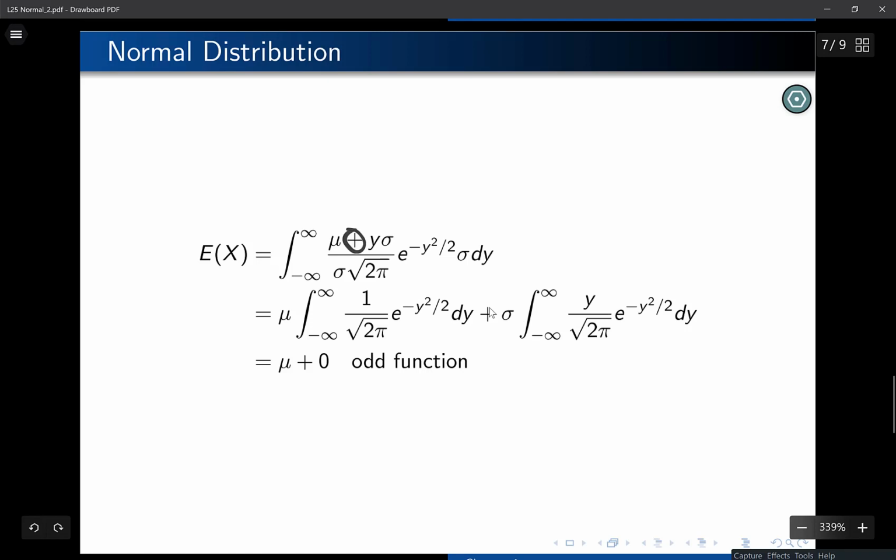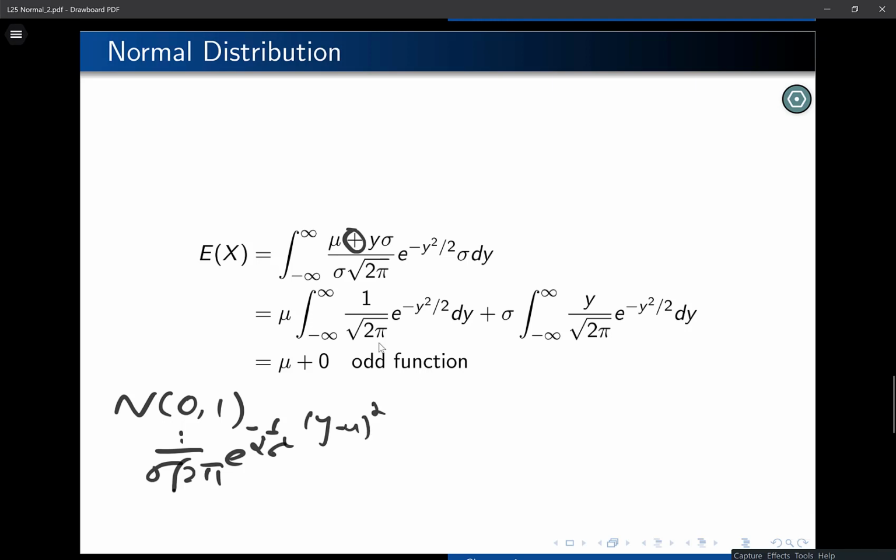If you observe this, this is nothing but the density of a standard normal variable. What is a standard normal variable? One where mu is 0 and the second parameter is 1. Remember, 1 upon sigma square root of 2 pi, e to the power minus 1 by 2 sigma square times y minus mu whole square, is the density of a variable with mean mu and sigma.